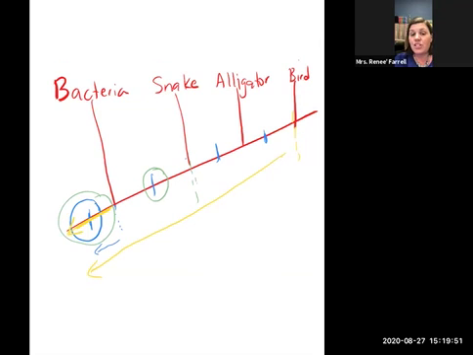With that said, the bacteria and the snake are no more related than the bacteria and the bird. They would be equally related. So I hope that just helps give you a better idea and a better understanding of those.